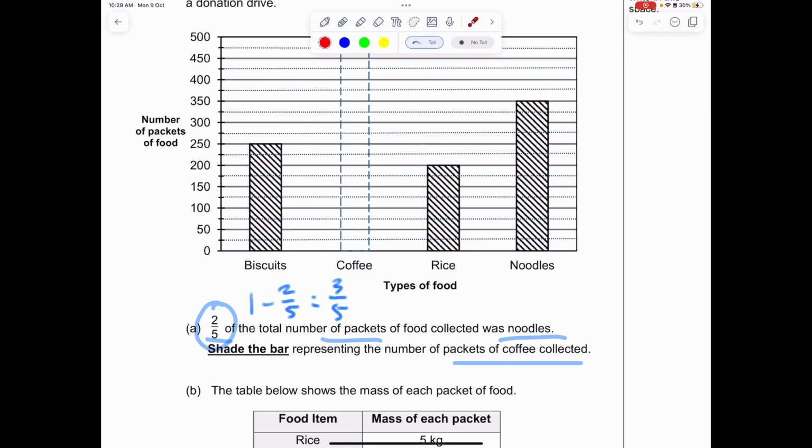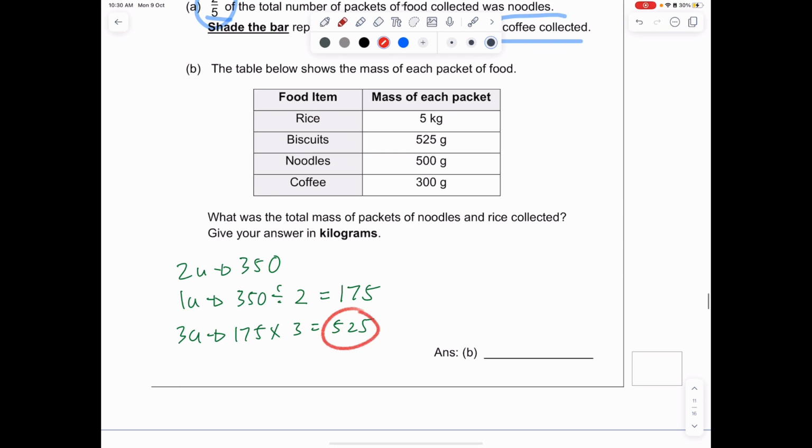Correct? So in this case, what I would do is I need to read. My biscuit is actually what? 250. My rice is actually how much? 200. Together, I know that these 3 units are 525.